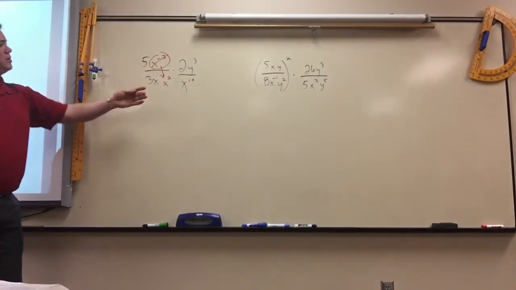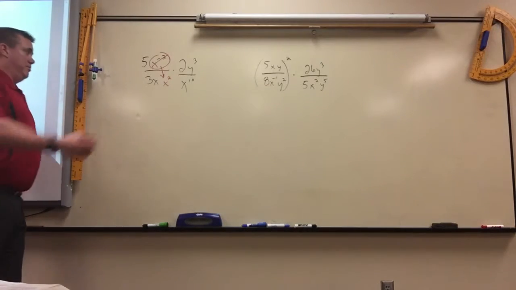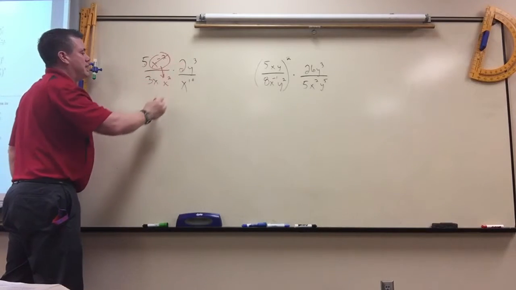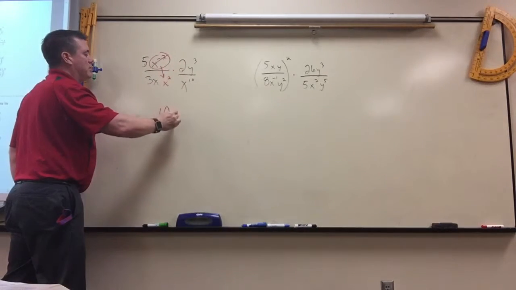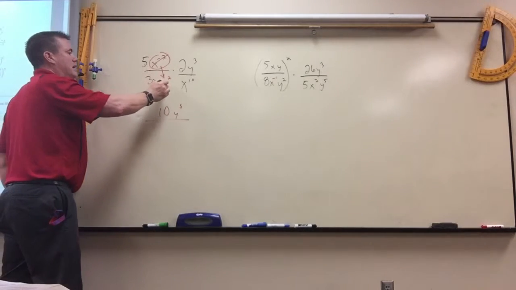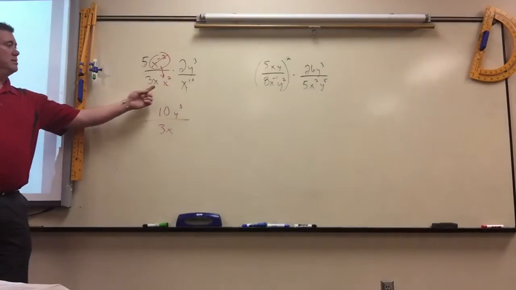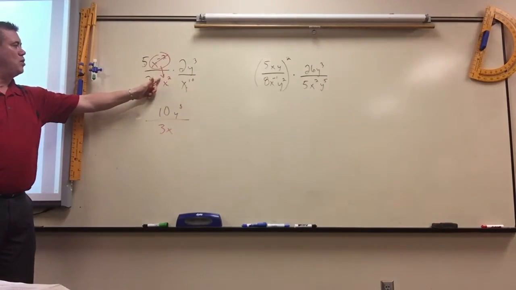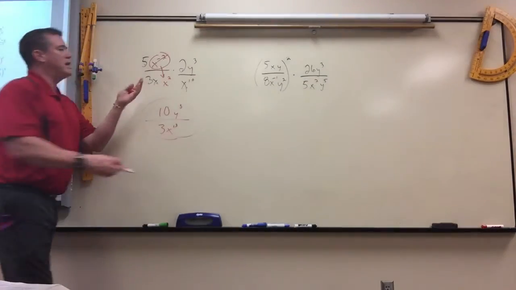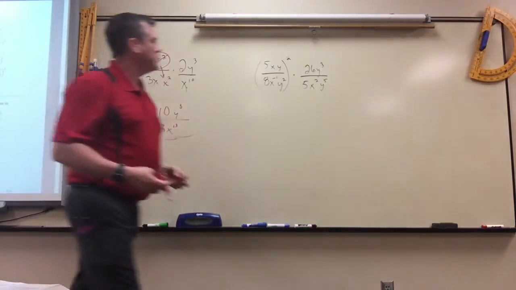So the only thing we can do is move the x down and then multiply everything. So on top, you've got a 5, this is gone, times 2 is 10, y to the 3rd. And on the bottom, you got a 3, an x, x squared, x to the 10, which would be 3x to the 13, because that counts as 1. 1, 2, and 10 is 13. So even though that looked complicated, there wasn't a lot to that one.